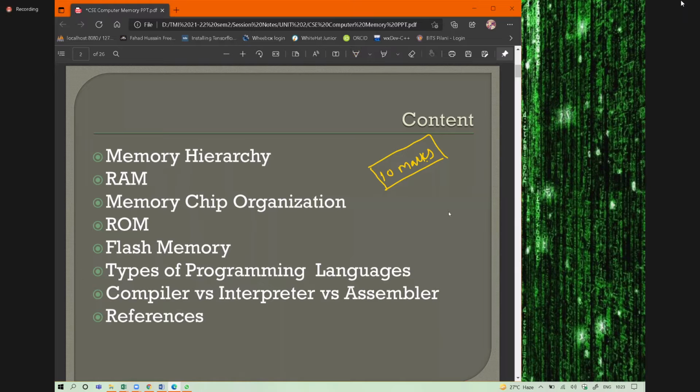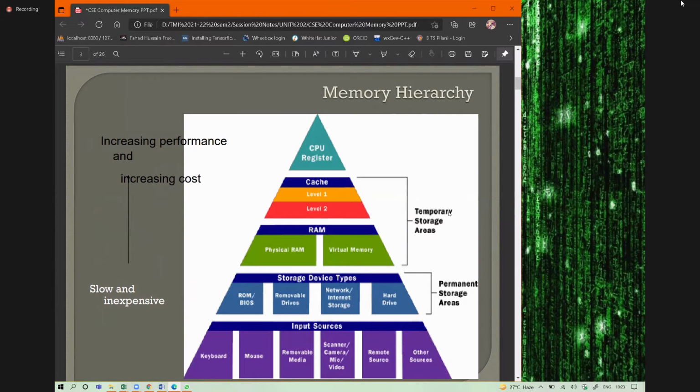So what are these points? One by one. Whenever you are seeing memory hierarchy, this is divided into different components. Storage devices, here we are having secondary memory. Permanent storage means even after the power is off, the data is not removed, it remains over there.